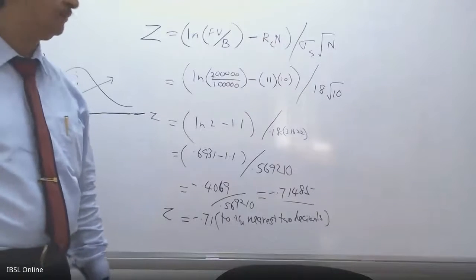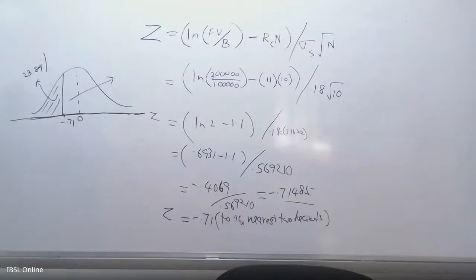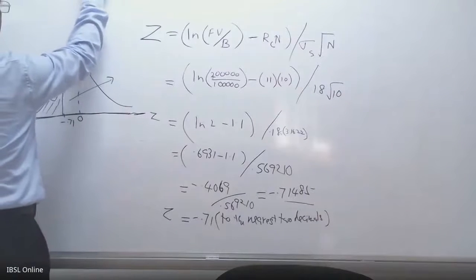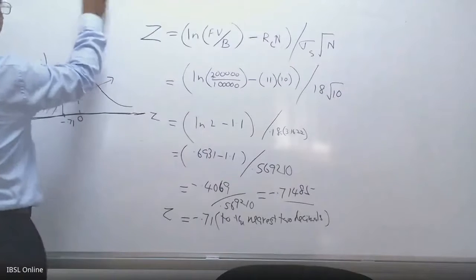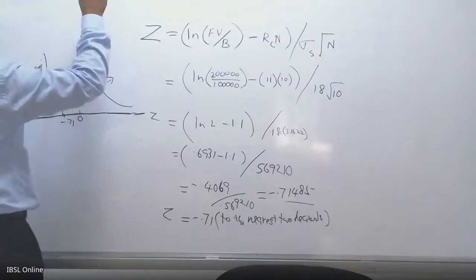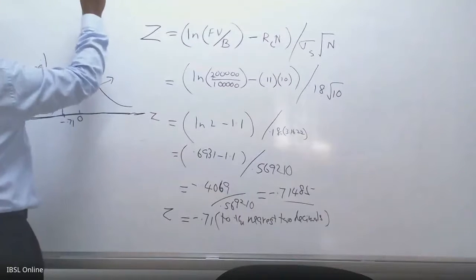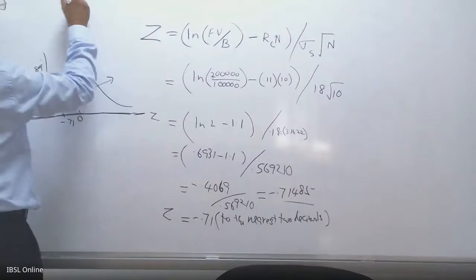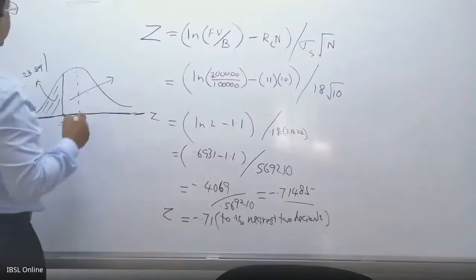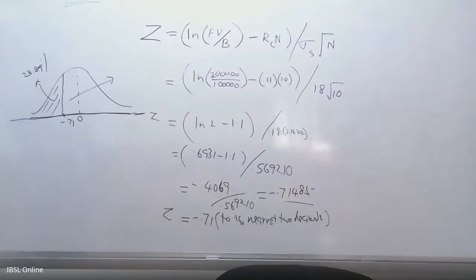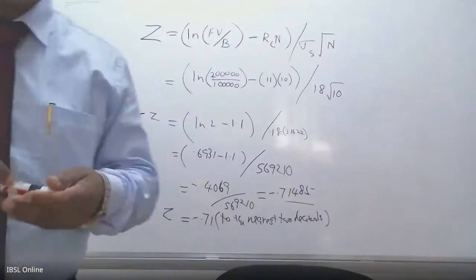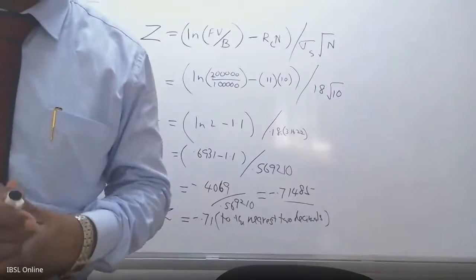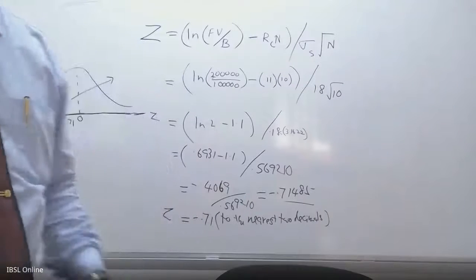That is the answer. Now if you do 100 minus 23.89, it will be 76.11. What I did in the lesson was put 76, rather.